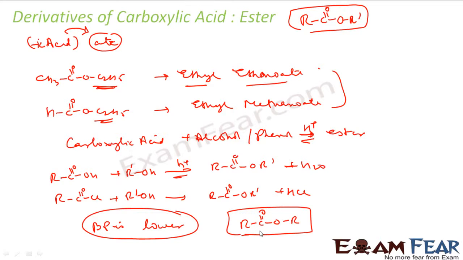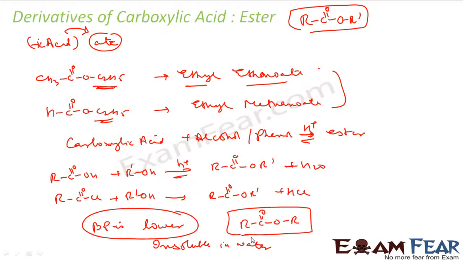So the boiling point is lower than the corresponding carboxylic acid. Also, they are insoluble in water. Why? Carboxylic acids were soluble a little bit, but these are insoluble because there is no hydrogen bond. So just giving a high overview of all these things.